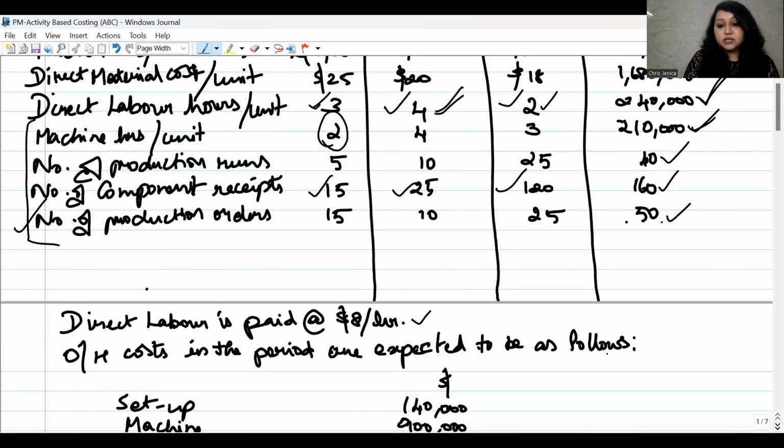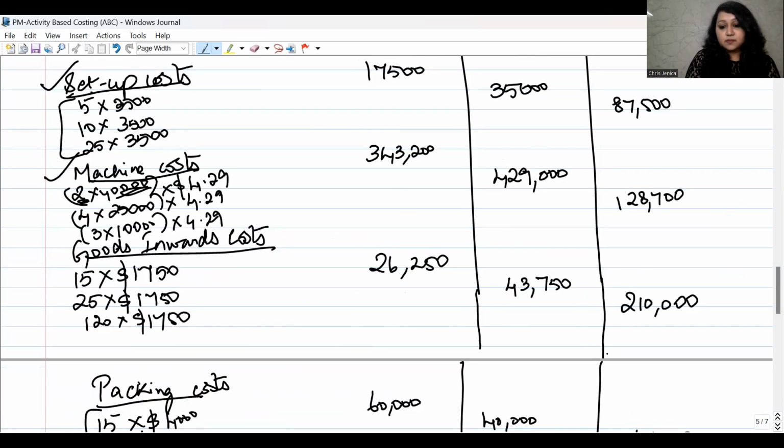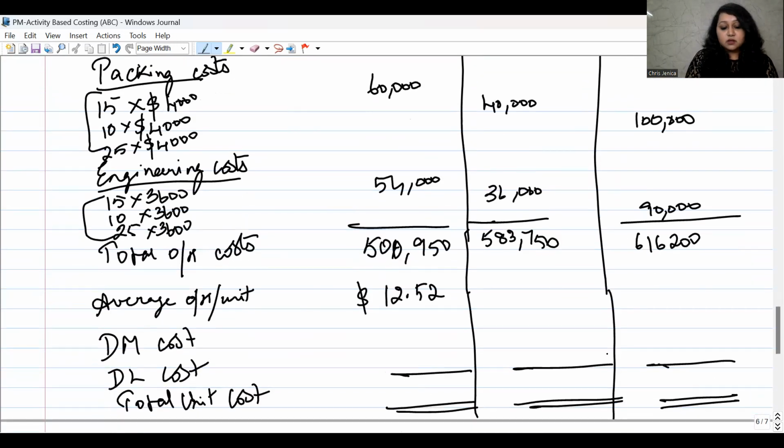Yes, 25,000 and 10,000. So divided by 25,000, we get $23.35. And then 616,200 divided by 10,000. It's going to be $61.62. Now, this is the average overhead cost per unit.